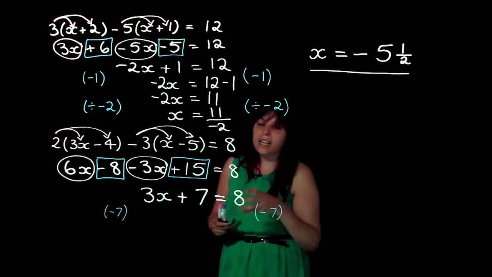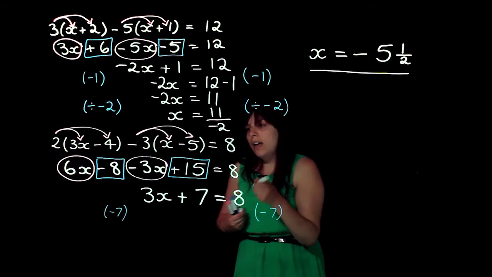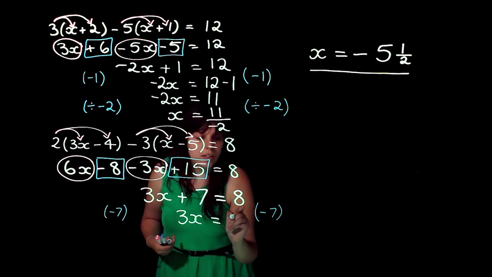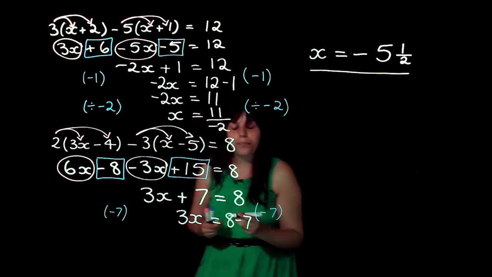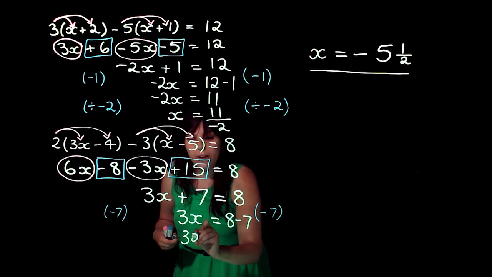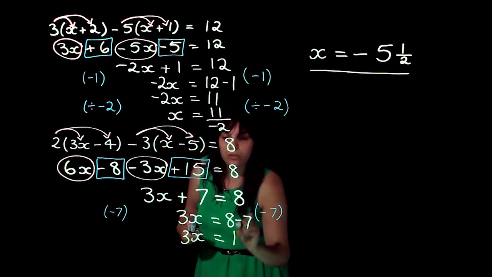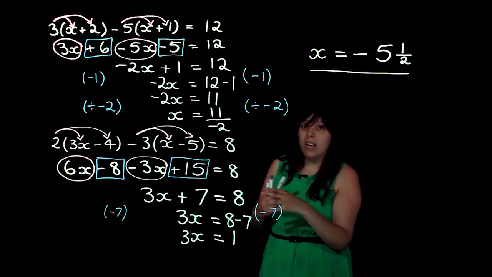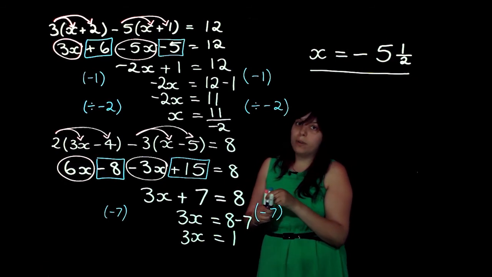So 3x plus 7 minus 7, as we said, gets rid of our 7, so we end up with just 3x. And on this side, we've got 8 minus 7. Now I need to simplify that side, so I've got 3x equals 8 minus 7 is just 1. Now I've got 3 times x, and I want to get rid of that times 3. So how do I get rid of times 3?